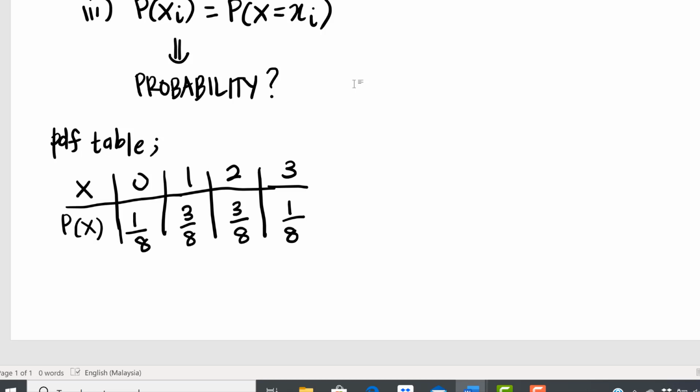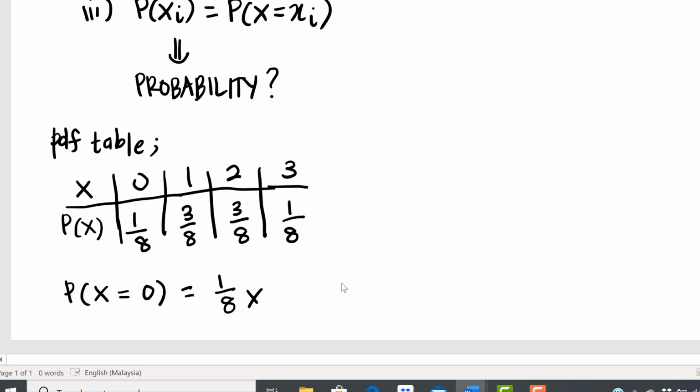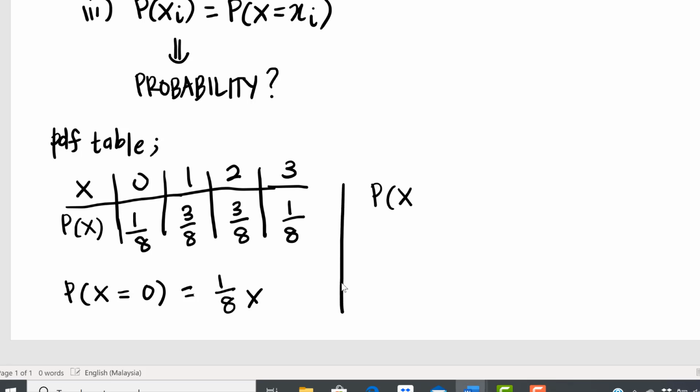Now, let's say the question asks you to find the probability when x equal to 0. So the probability of x equal to 0 is equal to 1 over 8. Now let's say we want to calculate the probability when x is less than 2.